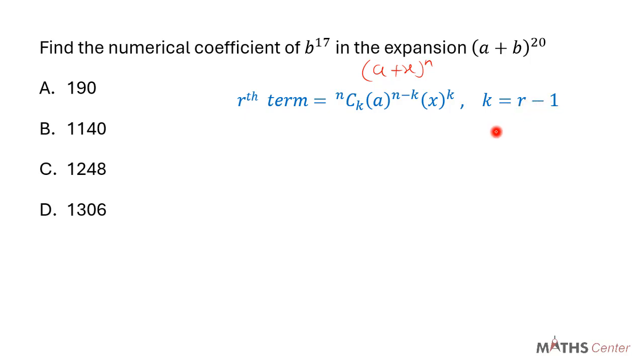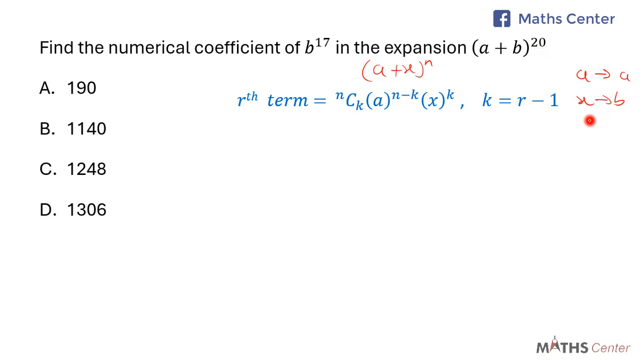Here we are looking for the term that has b exponent 17. When we compare a plus x exponent n to a plus b exponent 20, we can see that a is a. X, which is the second term, is b. And n, which is the exponent on the expression, is 20.